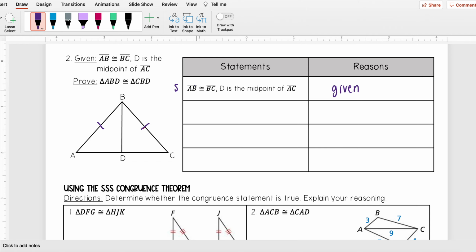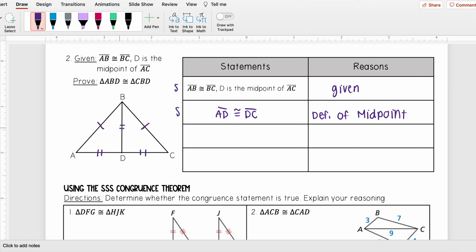So first, I want to use my given information. I'm given that D is the midpoint of AC. And so remember from the definition of midpoint, that means that D is in the exact middle of this segment AC. So it's really cutting it in half. So that means that AD is congruent to DC. And that's just the definition of midpoint. So I have a second side. Now I again need to see that this third side is congruent. Well, just like we saw in the previous problem, I see that these two triangles actually share a side.